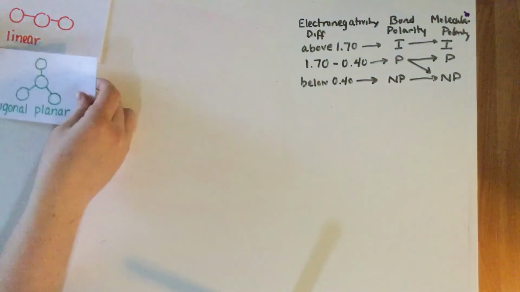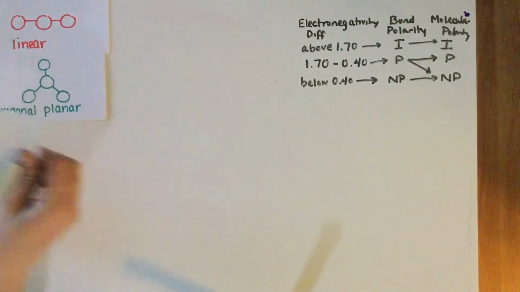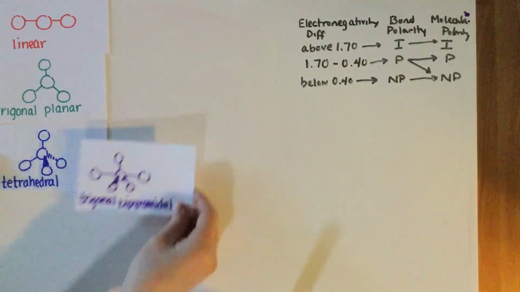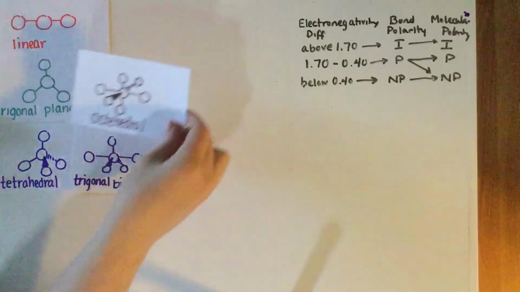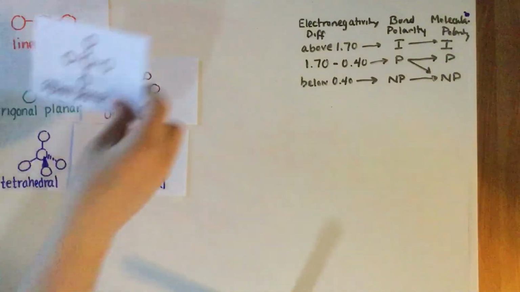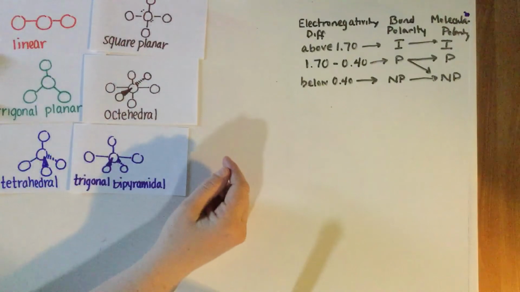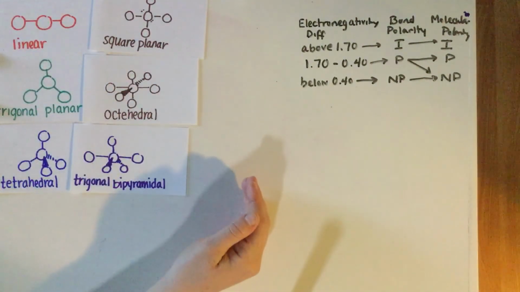The other shapes, linear, trigonal planar, tetrahedral, trigonal bipyramidal, octahedral, and square planar, which is the only one of the shapes that has dots with it. These are known as symmetrical shapes.